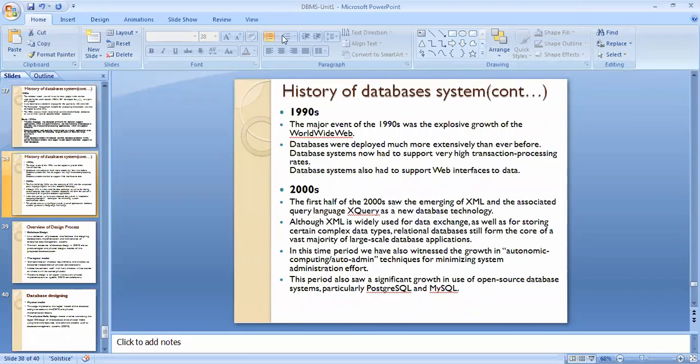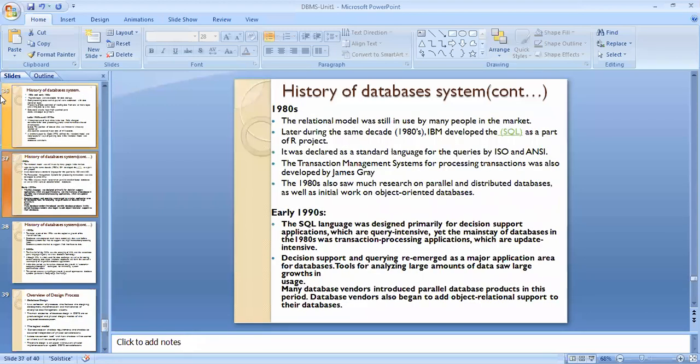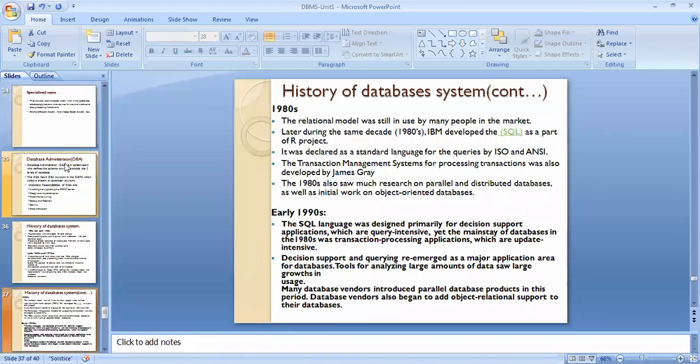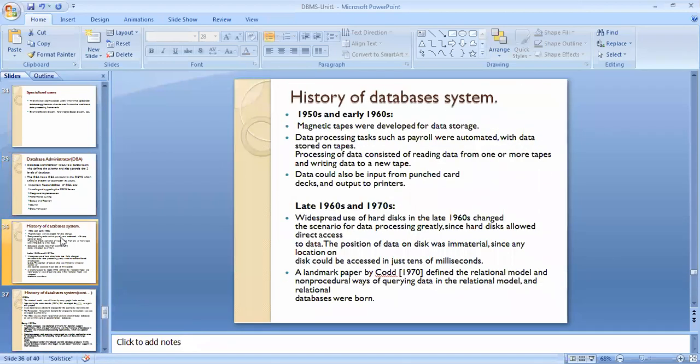Next is a history of database systems. The concept of DBMS was invented in the 1950s and early 1960s.